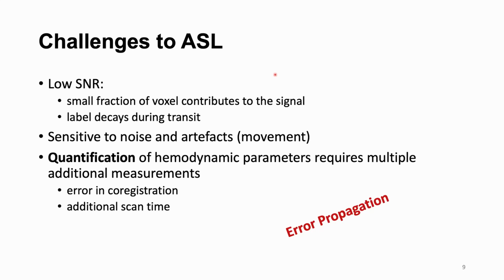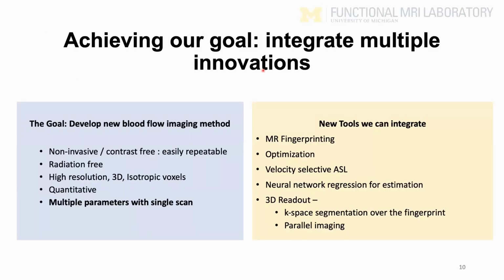Okay, so with that, we kind of look back at our goal of achieving this new blood flow imaging method, and we have some really nice new techniques on the horizon. Well, it's not really the horizon anymore, they're here. And one of these is MR fingerprinting, and then there's a lot of really exciting optimization techniques.